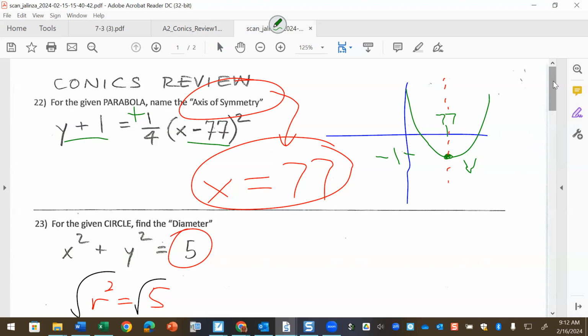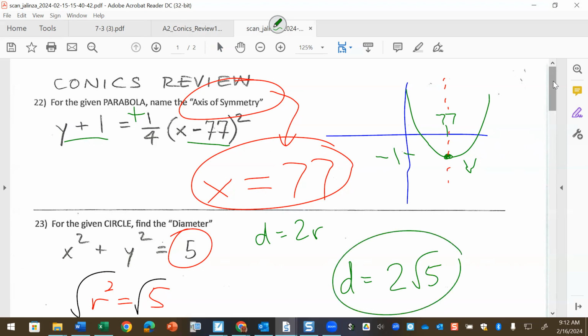So all I need to do is multiply the radius by 2. So what's the answer? 2 square root of 5. That was easy. Okay. What are some wrong answers though? Square root of 10. Just 10, maybe even a square root of 25. So, okay. 2 down, 3 to go.